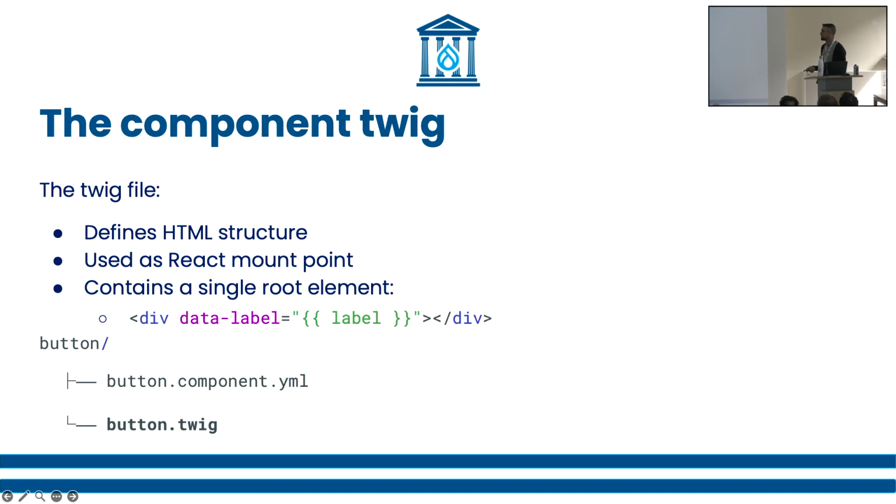This is our Twig. The Twig file defines the structure of HTML. It's used as a React mount point, and contains a single root element, where we will append our React component. So we can call it only button.twig, not button.html.twig.